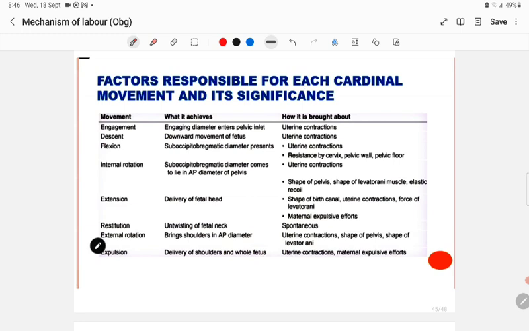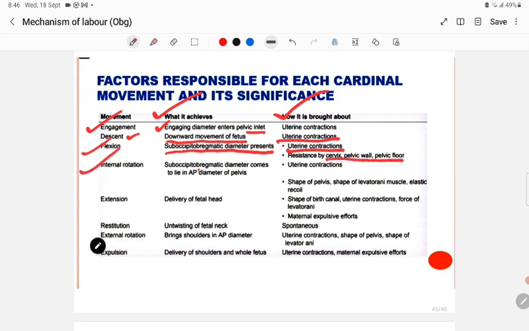What are the factors responsible for each cardinal movement and its significance? Engagement: the engaging diameter enters the pelvic inlet because of uterine contraction. Descent is the downward movement of the fetus, due to uterine contraction. Flexion achieves the suboccipitobregmatic diameter presentation, because of uterine contraction and resistance by the cervix, pelvic wall, and pelvic floor.